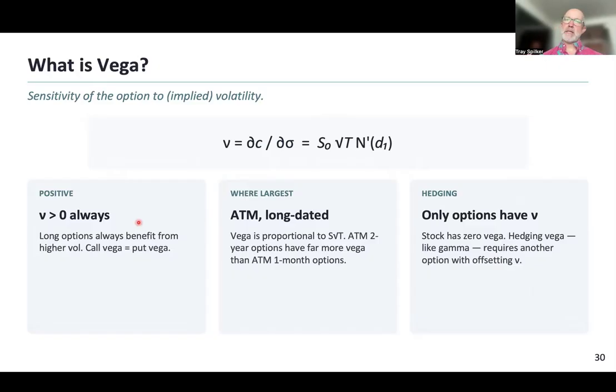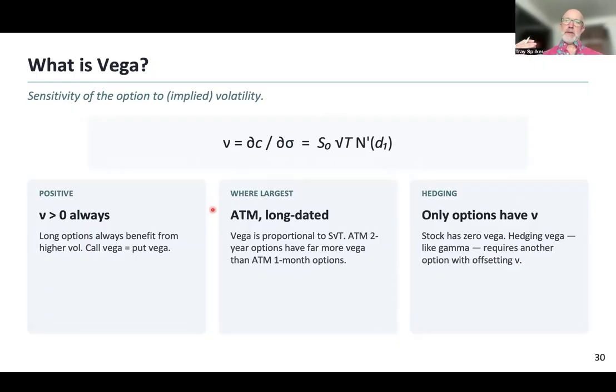The higher the volatility, the higher the put or call price. Where is vega the largest? Well, at the money and longer dated. The more time to maturity, the more volatility has a probability of causing this option to be in the money, regardless of whether it's a call or a put, right?